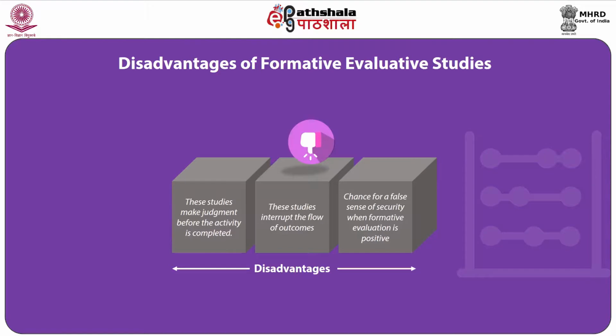Now, we will move on to summative evaluation. This type of evaluation is the most used, which involves assessing the impact of the program or examining the effects or outcomes of some object.